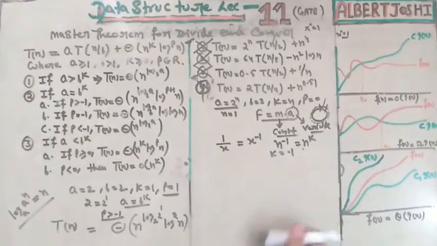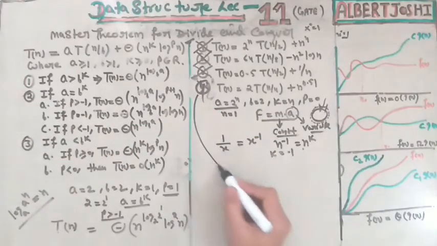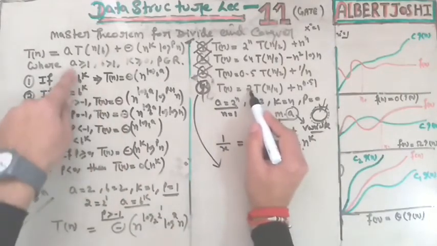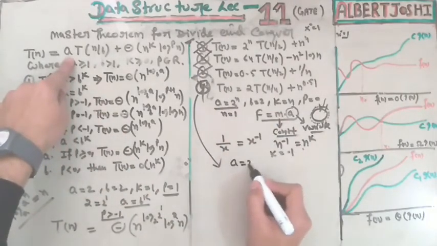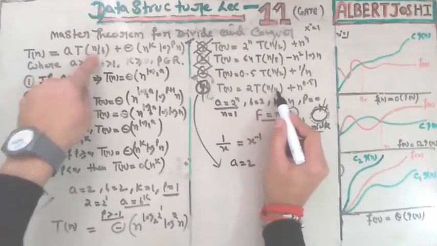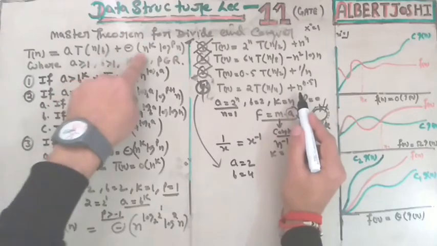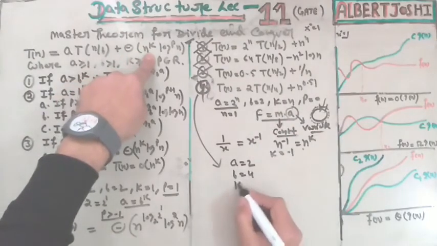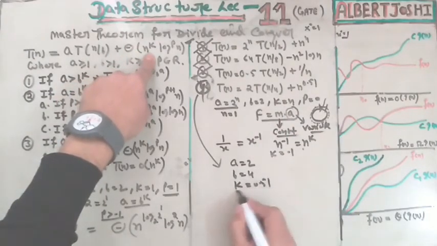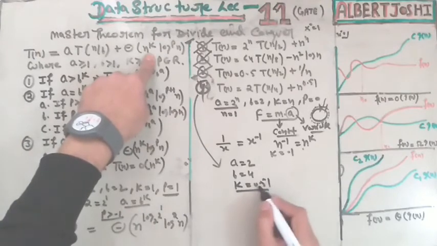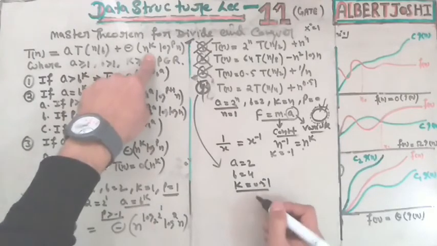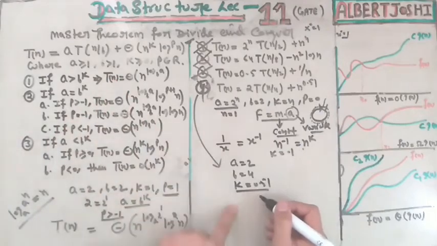Now the last question. Here they have given us T(n) is equal to 2 T(n/4) plus theta of n to the power k, where k is equal to 0.51. 2 means a is equal to 2, and here b is equal to 4. Don't think that because they have given us a float value, we cannot apply the master theorem.